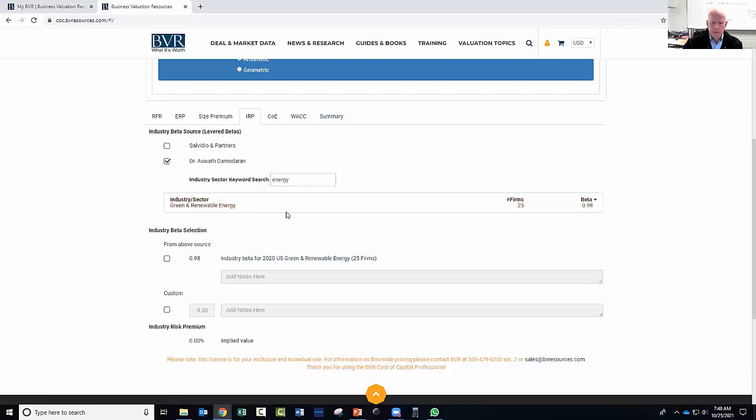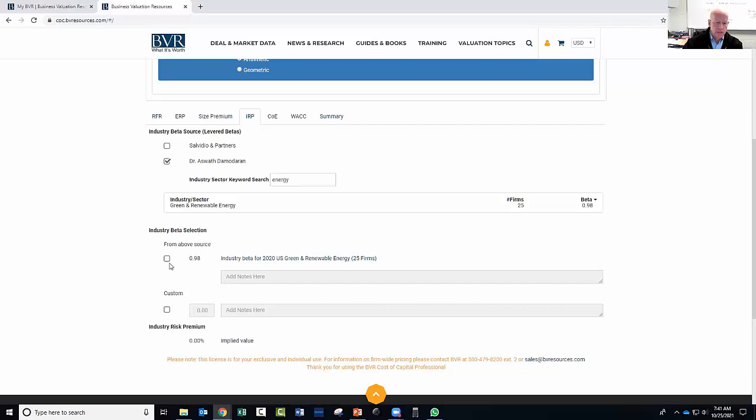So again, it's given me the indication of the beta factor for firms in that industry. We're looking at 0.98. Now it's compared to the market, and the market would have 1. In this case, we're looking at the part of the market. It's giving us, out of the 25 firms we've looked at, 0.98.